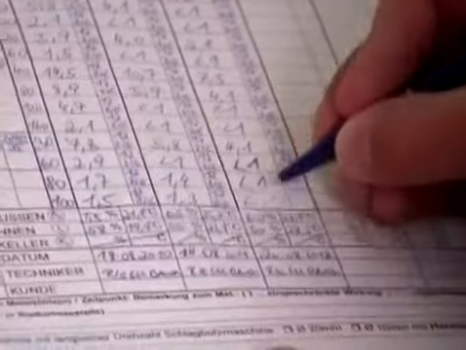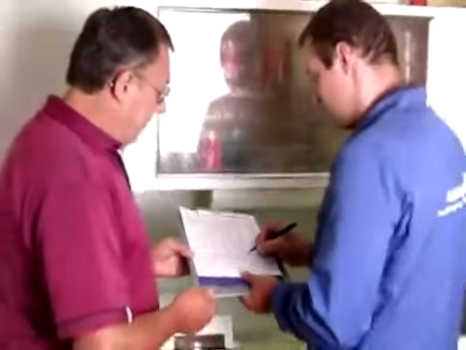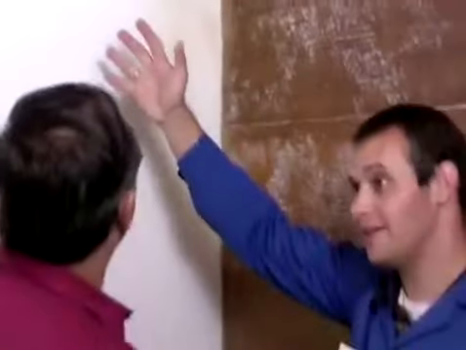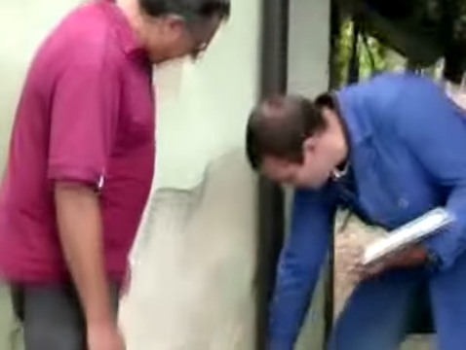Depending on the agreement with the client, Aquapol monitors the drying out process at regular intervals and advises the client as regards accompanying measures and appropriate renovation procedures. This is done on-site by the technician or via telephone by our technical department.